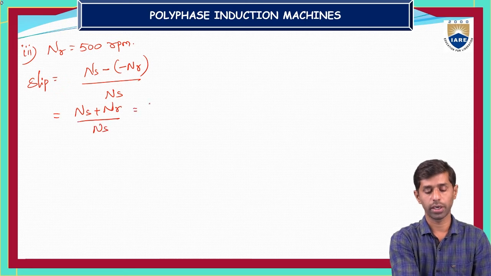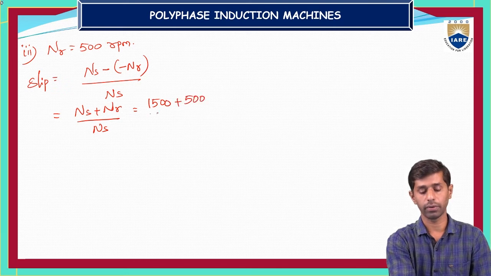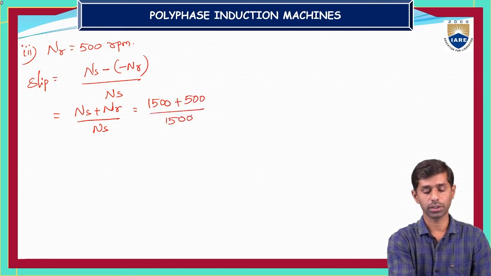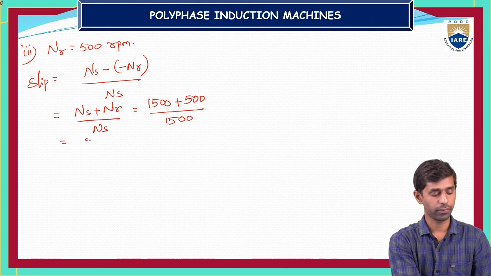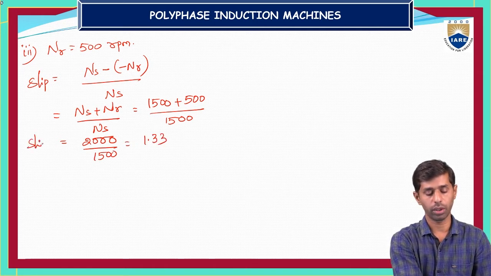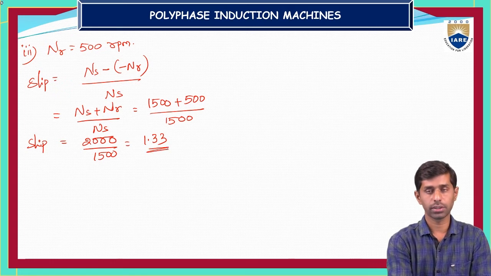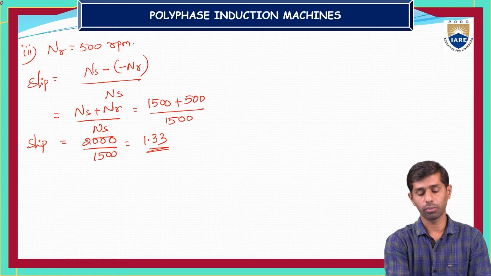Ns, the speed of the synchronous magnetic field, is 1500, plus Nr of 500, divided by 1500. So it is 2000 by 1500, and we get 1.33. Slip equals 1.33, which is greater than 1.